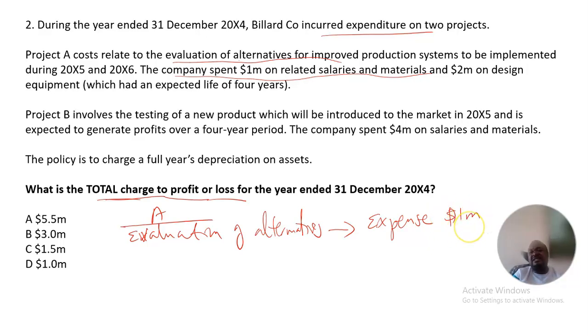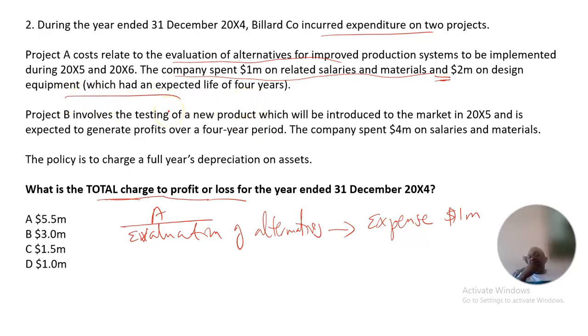But there is an addition. We are told there is also 2 million on design equipment, which had an expected life of 4 years.